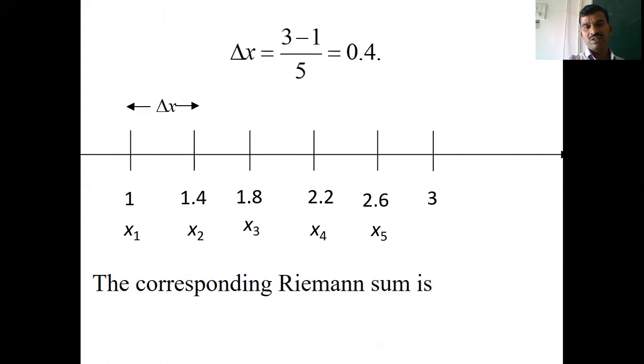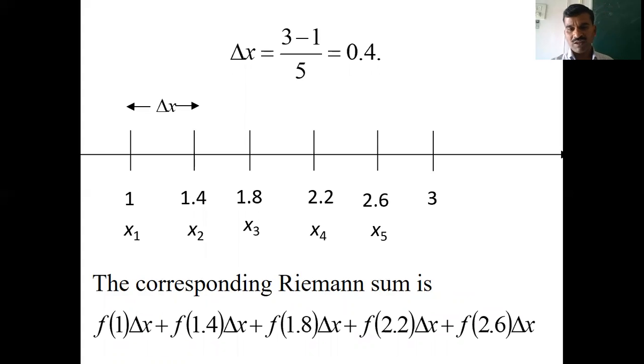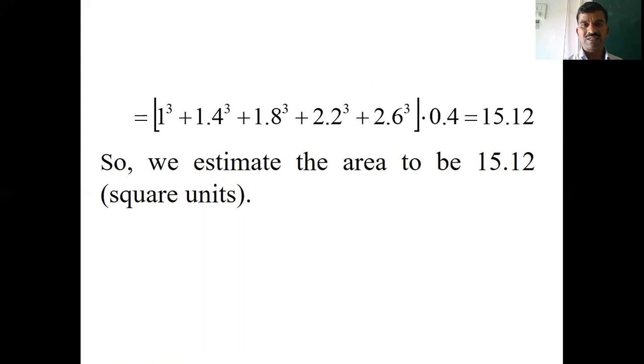For each division we find the corresponding Riemann sum: f of 1 delta x, f of 1.4 delta x, f of 1.8 delta x, f of 2.2 delta x, f of 2.6 delta x, because we have 5 here. So finally we estimate the area to be 15.12 square meters.